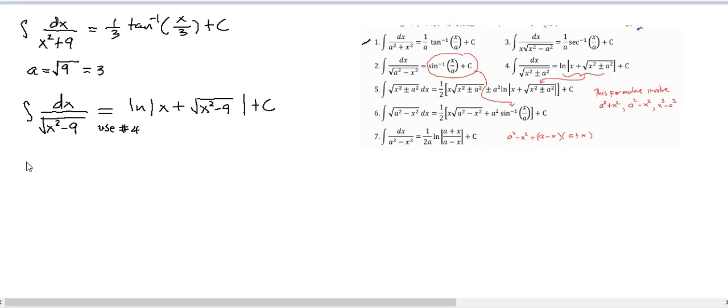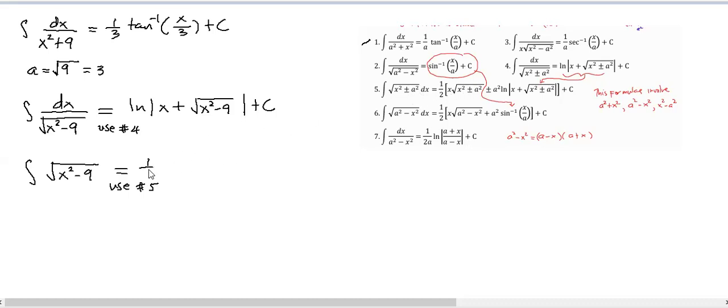Paano pag inakyat natin? We have the integral of square root of x squared minus 9. Okay? So this is equal to, square root of x squared minus a squared, so use number 5. Ano yung number 5?